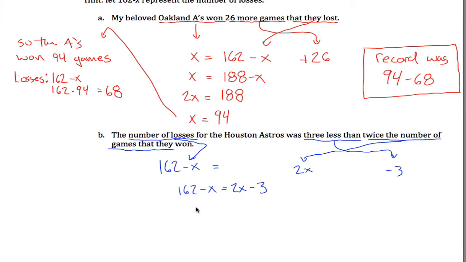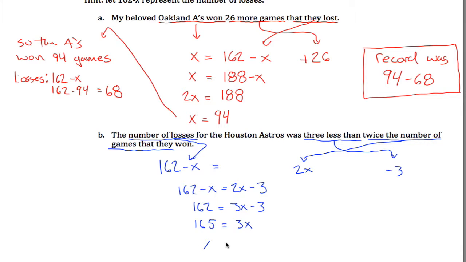Let's see, maybe add X to both sides. And we get 162 is equal to 3X minus 3. And then add 3 to both sides. You get 165 equals 3X. Okay, and then we have to do some division.